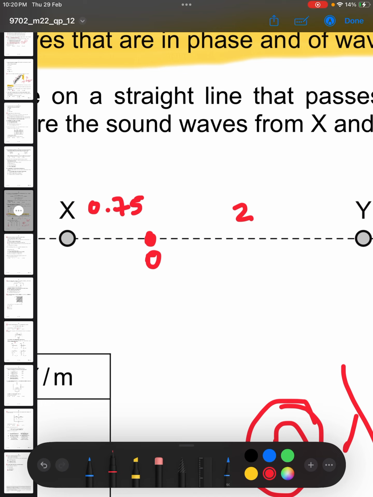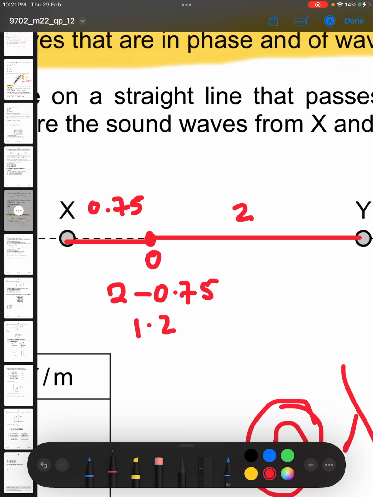So the distance moved from X to O is 0.75. From Y to O is 2. So the path difference then will be 2 minus 0.75, which will give us 1.25.